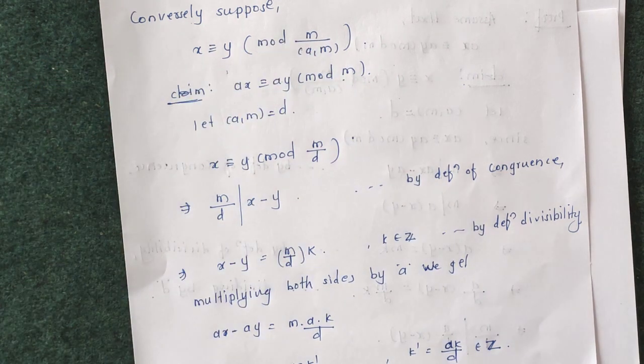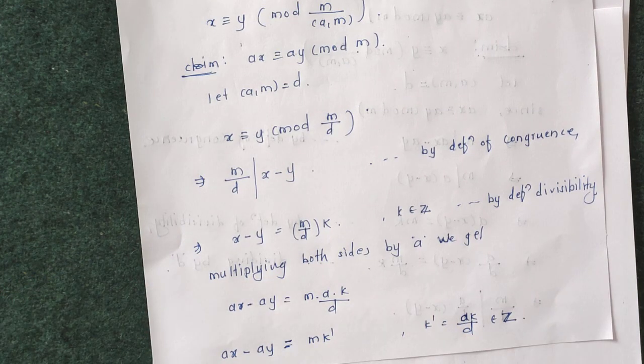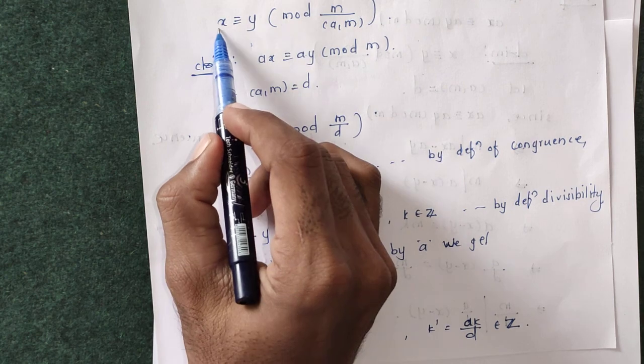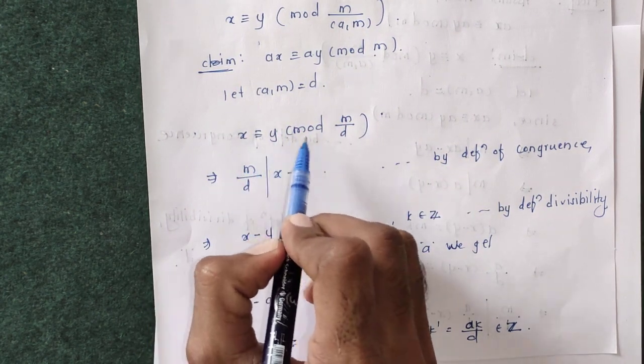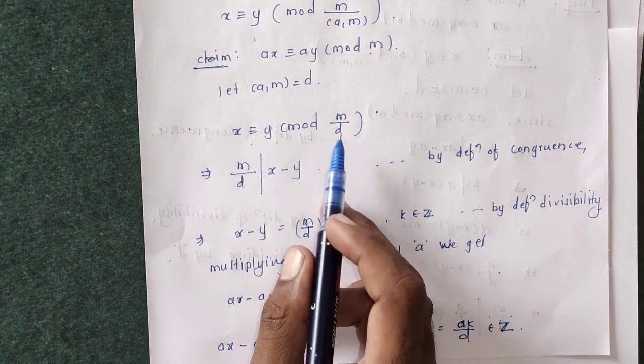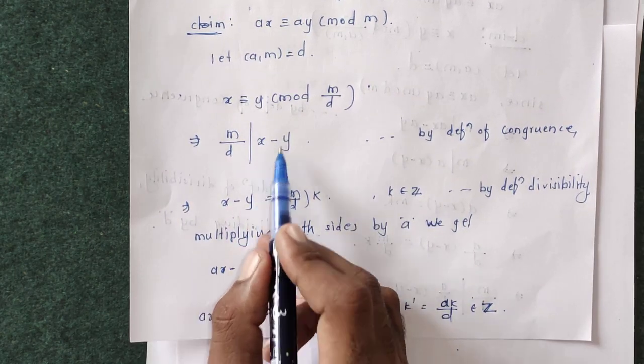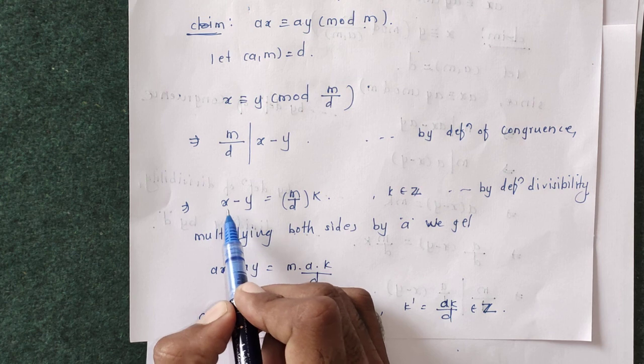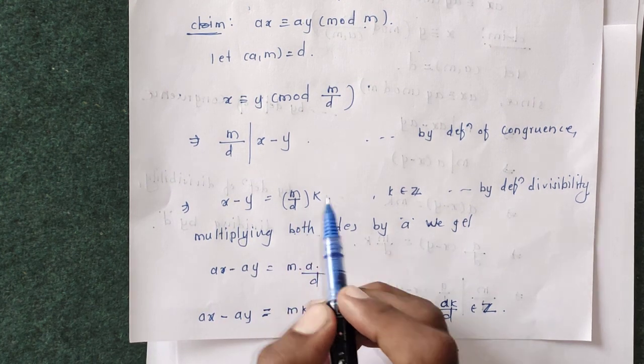In this proof we have considered GCD of a and m is equal to d. So we can write this congruence as x is congruent to y modulo m by d, and using definition of congruence we can write m by d divides x minus y, and using definition of divisibility we can write x minus y is equal to m by d times k.